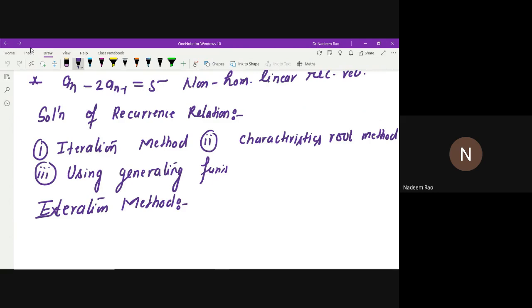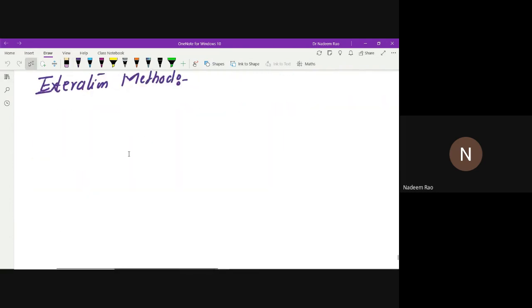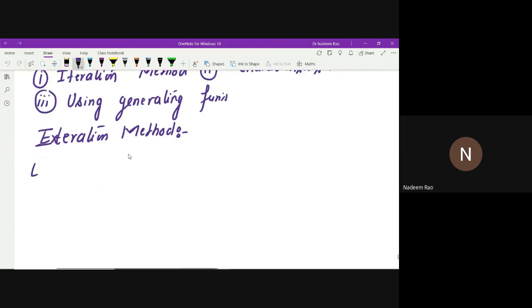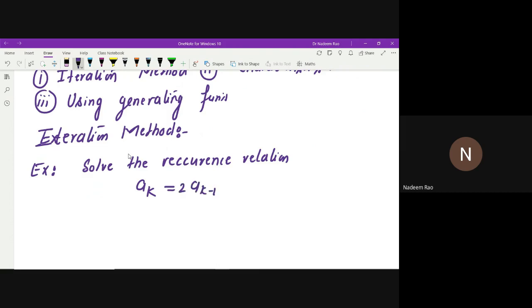For example, solve the recurrence relation, that is a_k equals 2 times a_(k-1), a_0 equals 1.